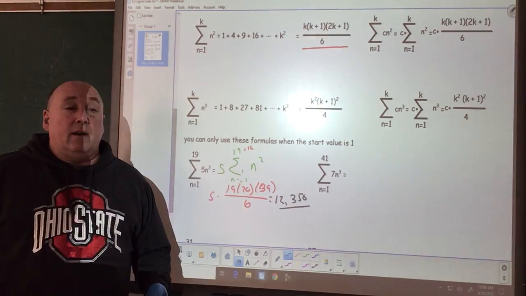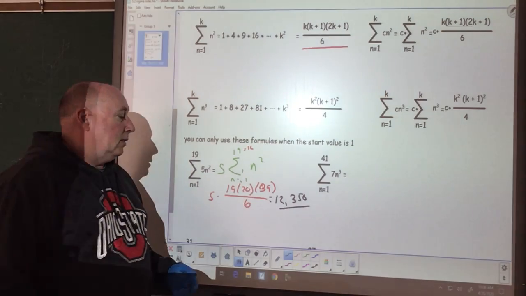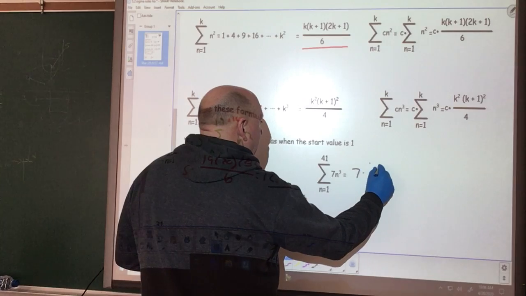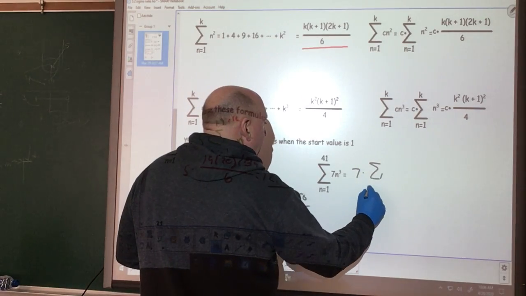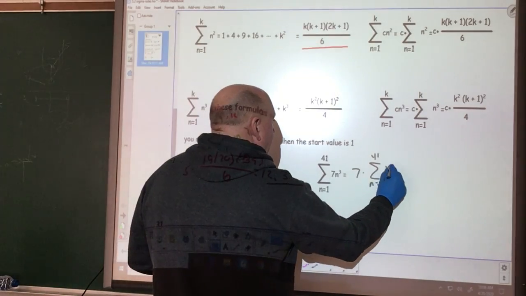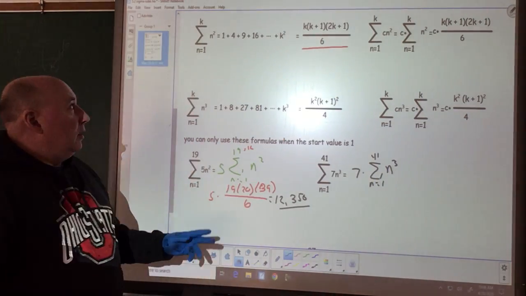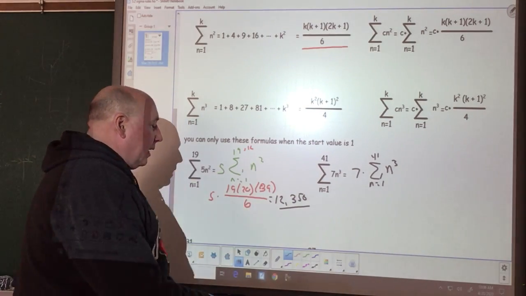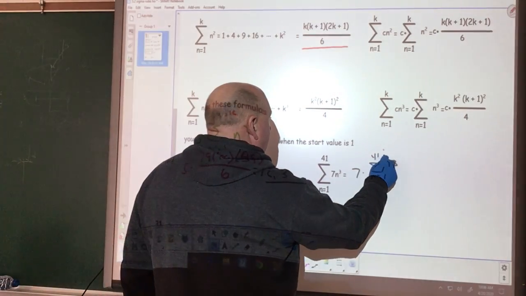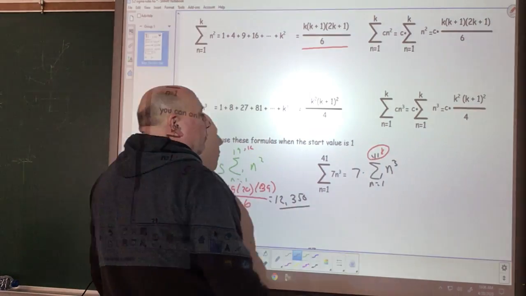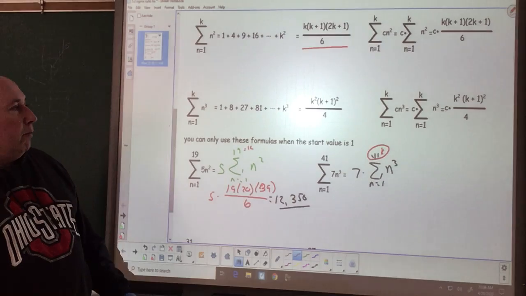If I take a look at 7n cubed, once again I can rewrite this as 7 times the sigma n equals 1 to 41 of n cubed. So for my n cubed, I take a look at what we have here. My k value, my top value, is 41.